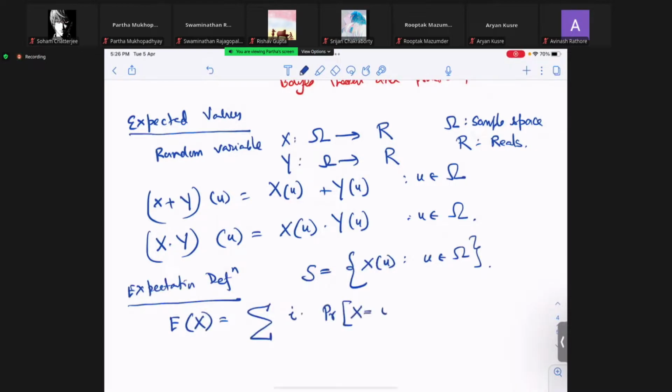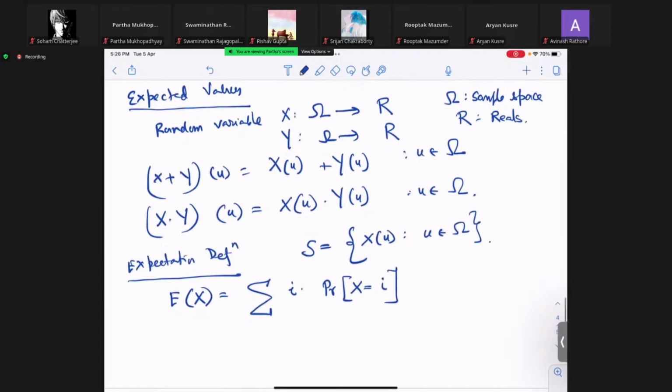I'm just revising very basic things. Most of you, I guess, know it. This quantity somehow is of immense interest and immense importance, although it looks very simple. So look at the definition. It is very simple. This is the probability that the random variable gets the value i, and I multiply it by the value itself. So this is like a weighted average. That's the expected value of the random variable.